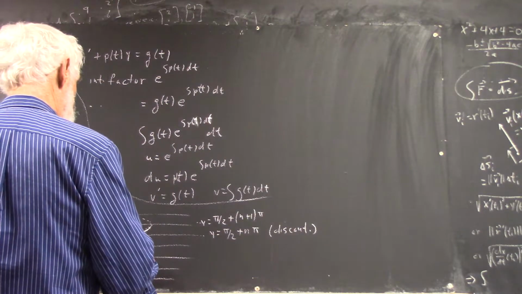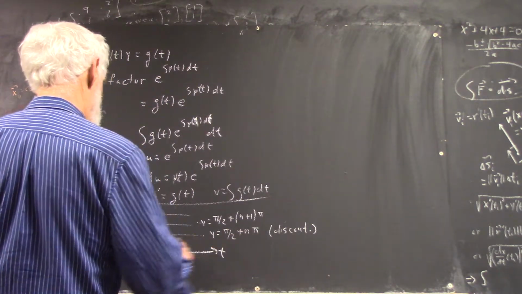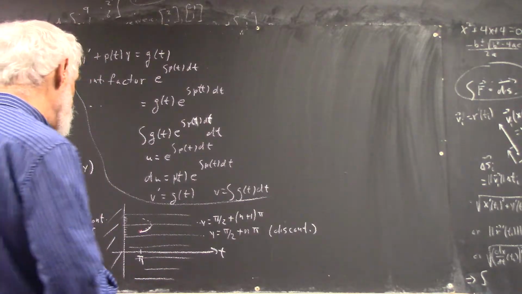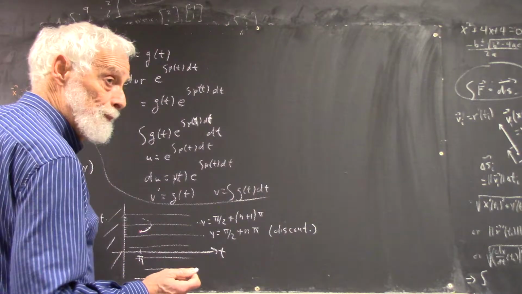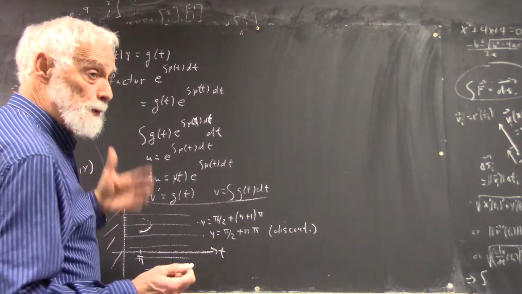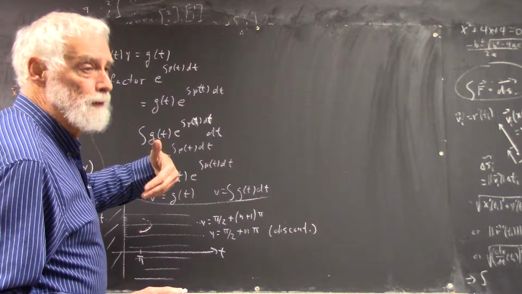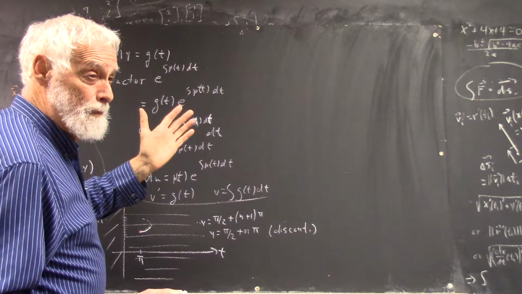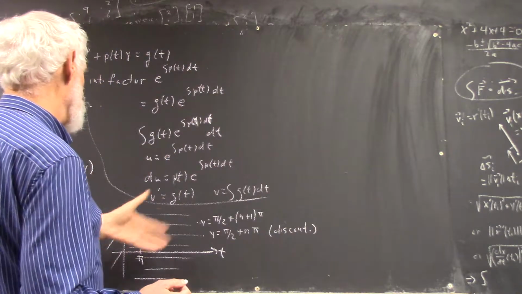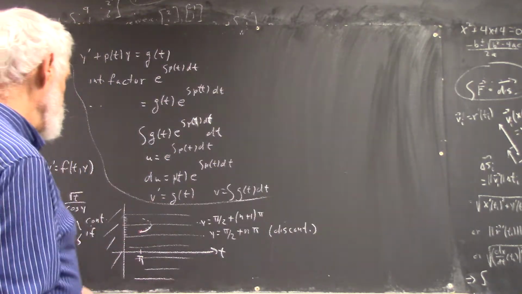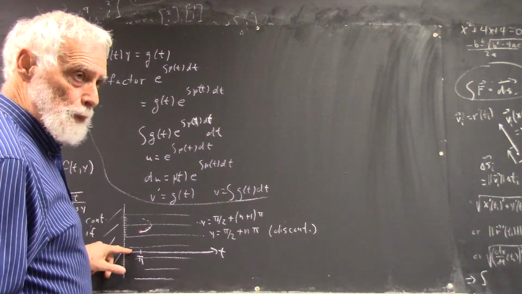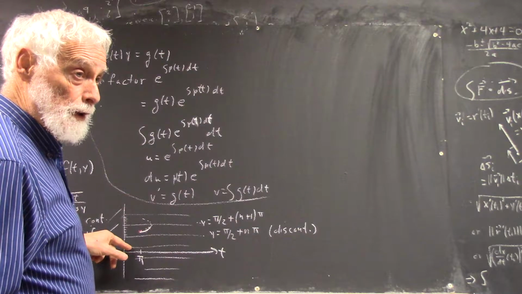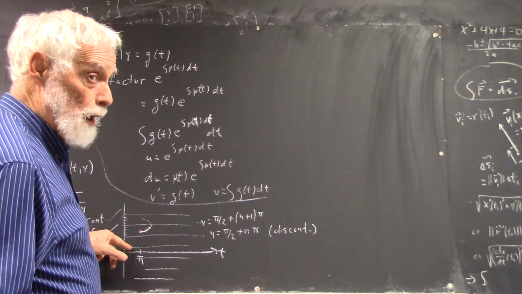So here's your t-axis somewhere, and here's pi. And where's 1? Well, it's between negative pi over 2 and positive pi over 2, right? Okay, and I did draw my t-axis fairly well, because it's going to be halfway between negative pi over 2 and positive pi over 2. So I just lucked out and drew it in the right place.